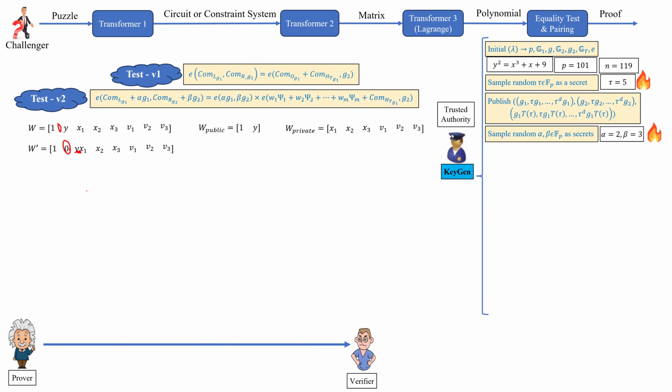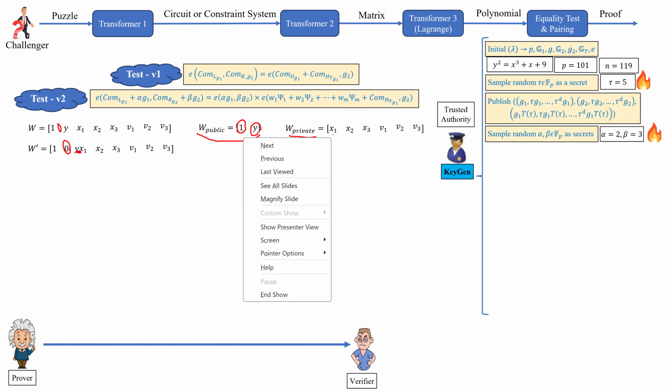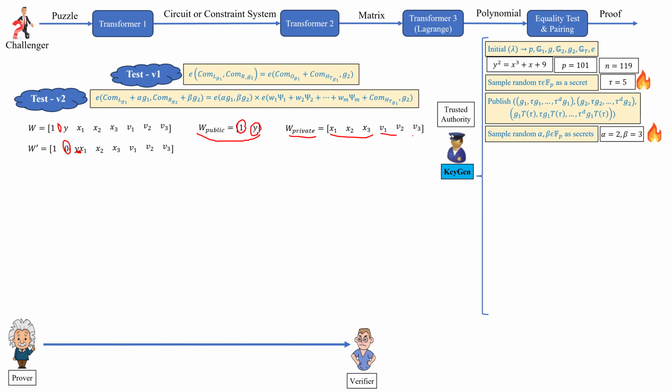We see that the witness vector consists of two parts, the public part and the private part. The public part consists of the public values. Everyone knows 1, and everyone knows y because the output of the circuit is shared publicly. The values of x and v are the secret values that the prover doesn't want to share with the public.